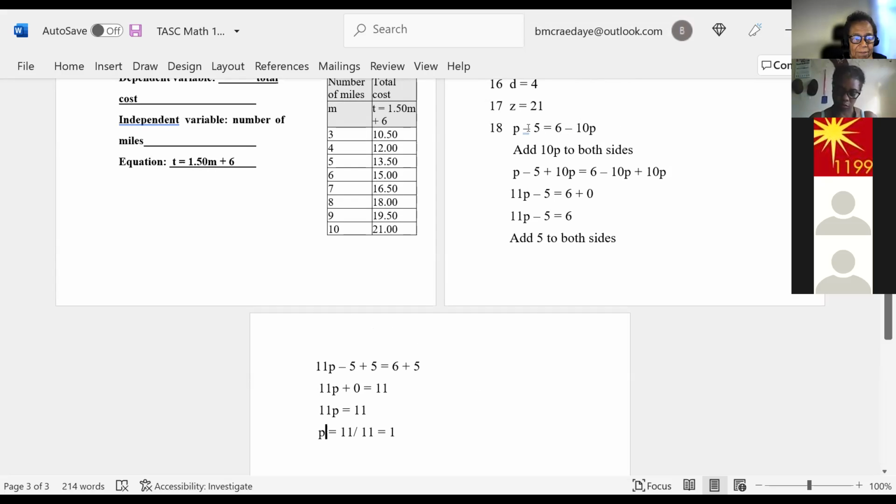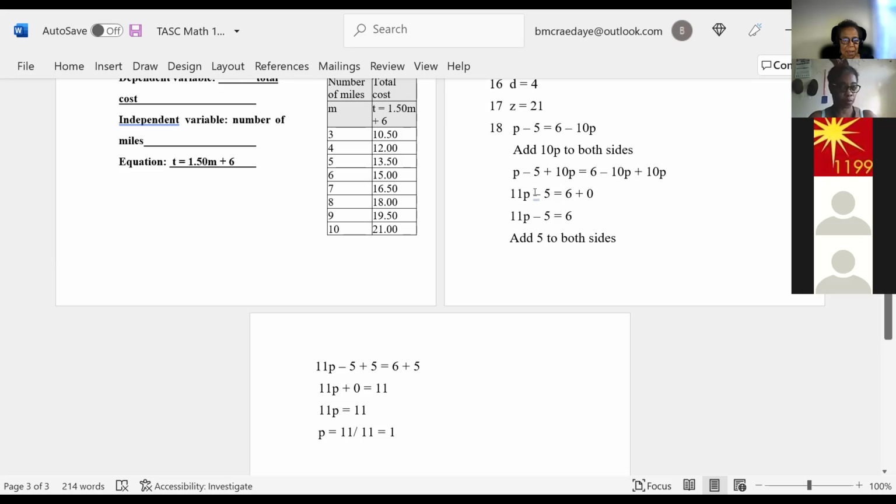And you've got to get the minus 5 with the 6. Since the 10p is a subtraction here, adding it will eliminate it on the right, and then you can add it to the 1p on the left, and that gives you the 11p. So you have 11p minus 5 equals 6.